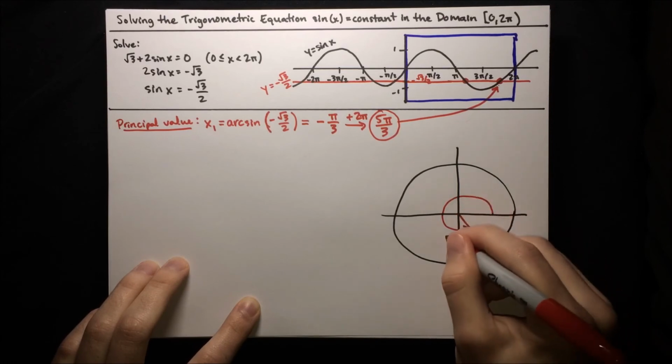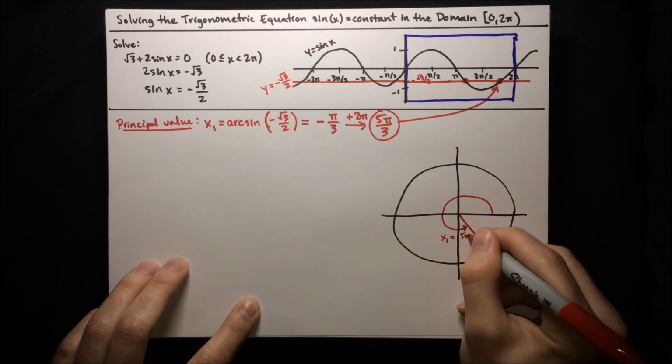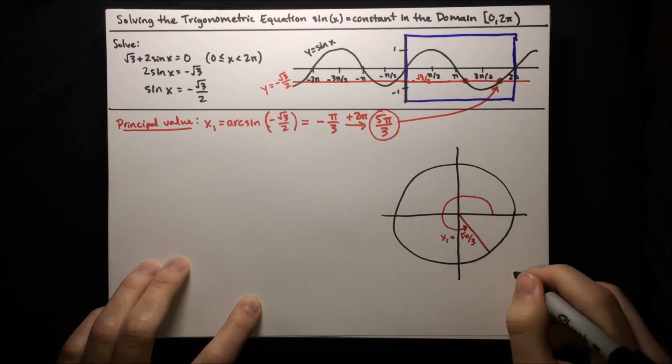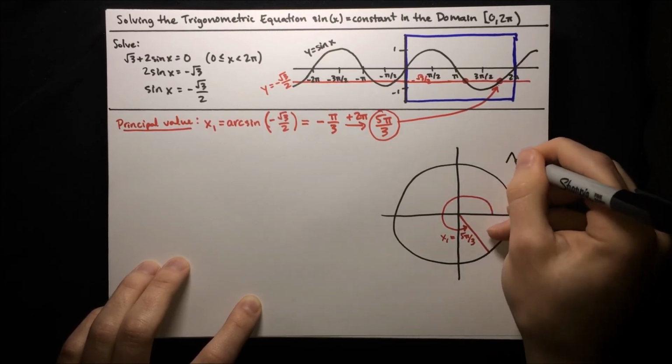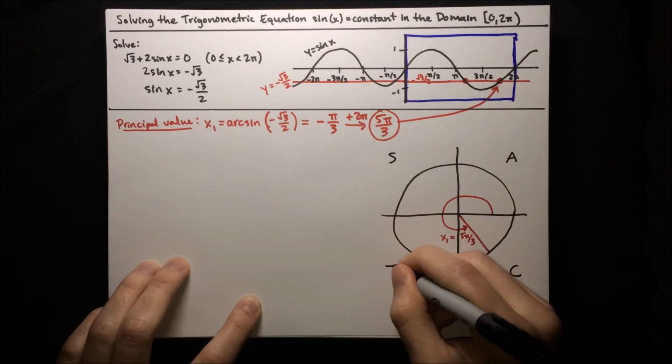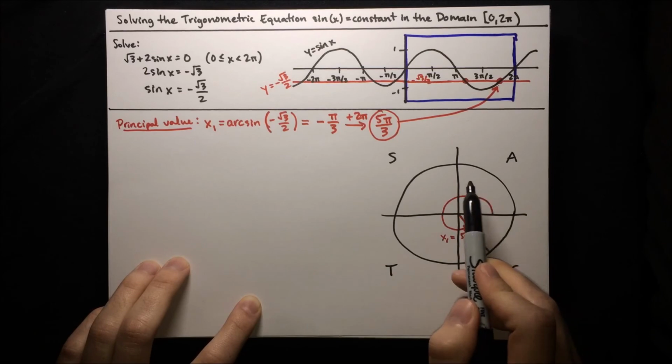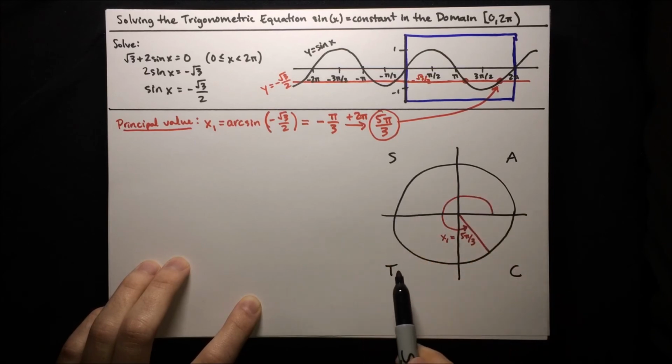That is x1 equals 5 pi over 3. Okay, now we want to find what other angle has an equivalent value of sine. So let's put our cast diagram, C-A-S-T. That tells us, yeah, sine is negative here because cosine is the only one that's positive in this quadrant. And where else is sine negative? Well, all are positive here. Sine is positive here. Tangent is the only one that's positive here, so sine has to be negative here.